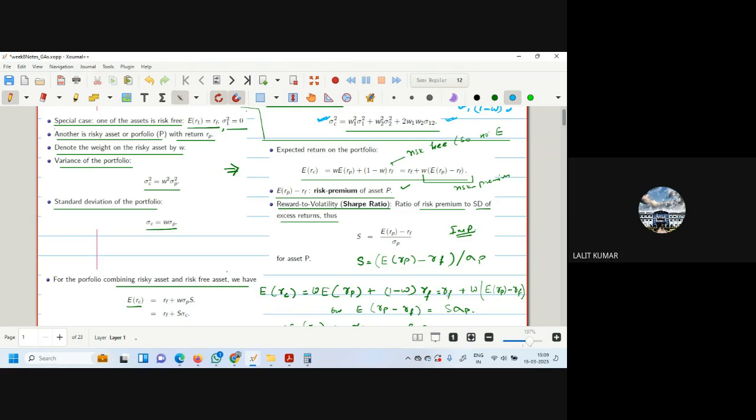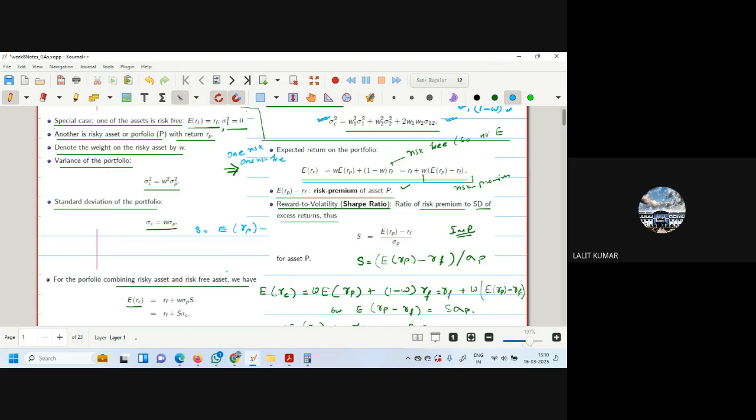This is a linear equation where the slope is ERP minus RF. Now here one new term has been introduced, which is the Sharpe ratio, and Sharpe ratio is defined as ERP minus RF. This is the case where we have one risky and one risk-free asset.